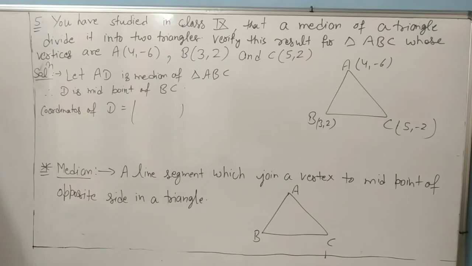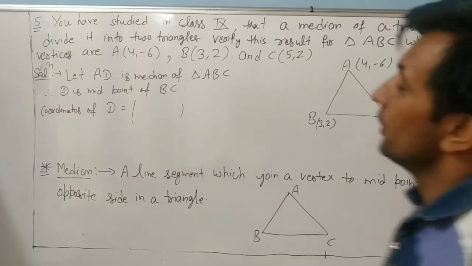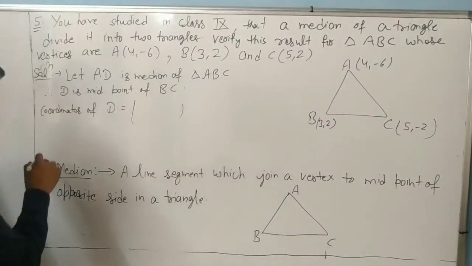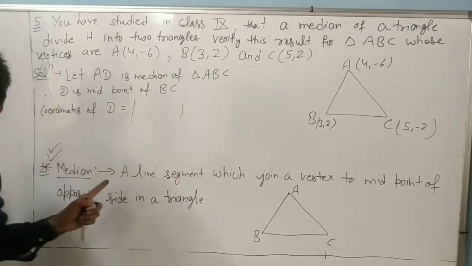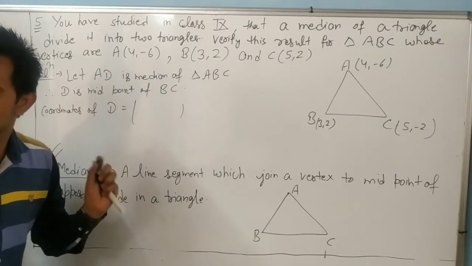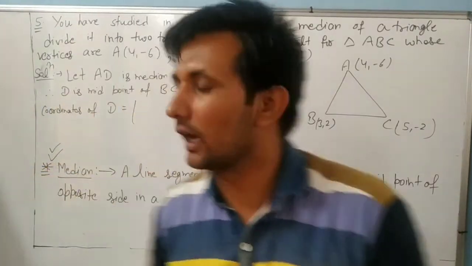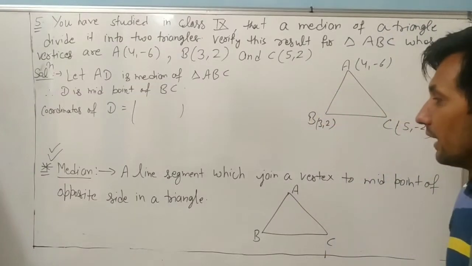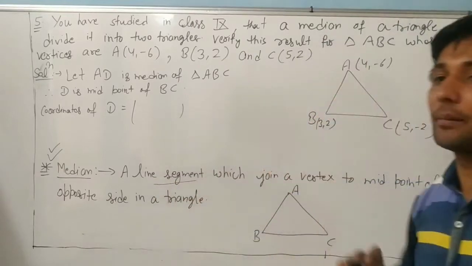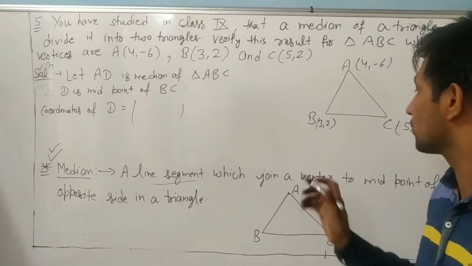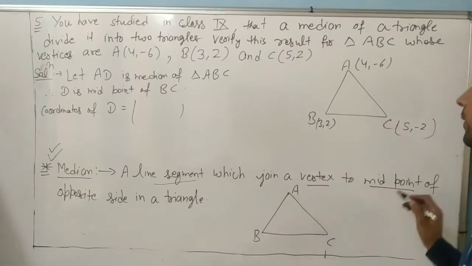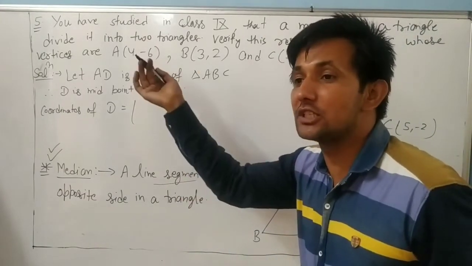Now, last question of this chapter. First you have to remember what a median is. We have already learned in 7th, 8th and 9th class what a median in a triangle is. A median is a line segment which joins a vertex to the midpoint of the opposite side of a triangle.